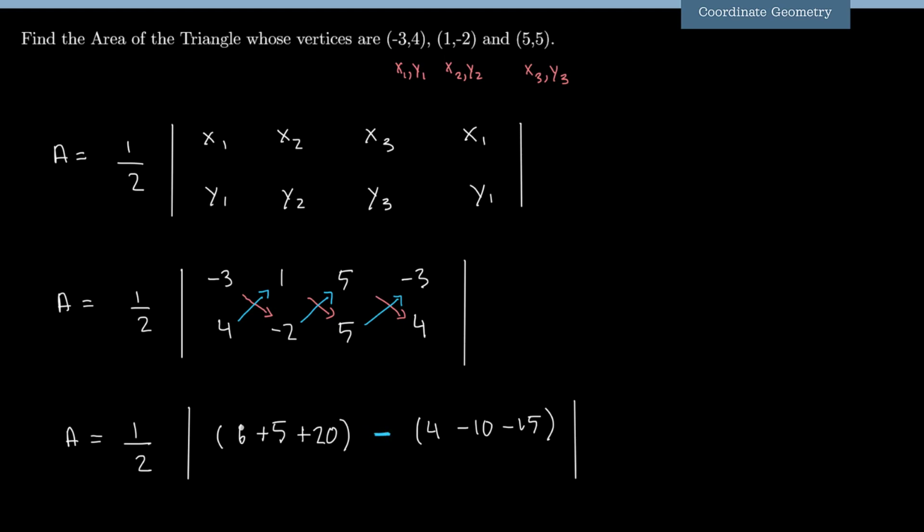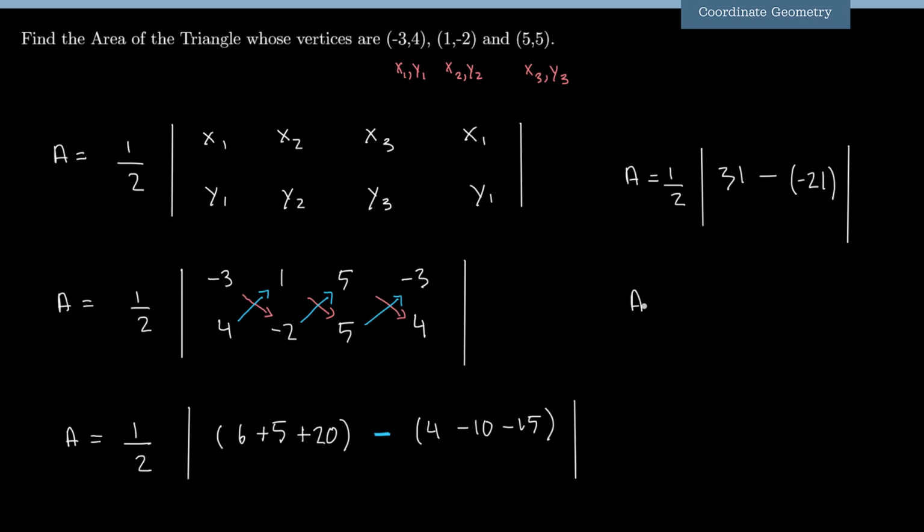Now let's simplify this. 6 plus 5 plus 20 is going to be 31. So the area is equal to 1 upon 2 of 31. And then 4 minus 10 minus 15 is -21. So minus times -21. And then modulus close. Minus times -21 is going to be +21.